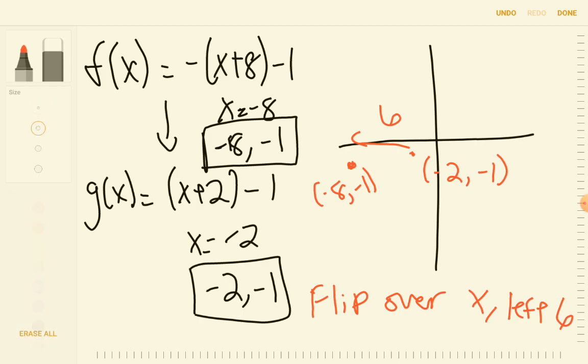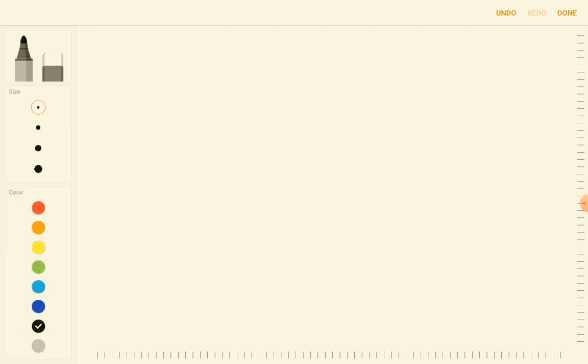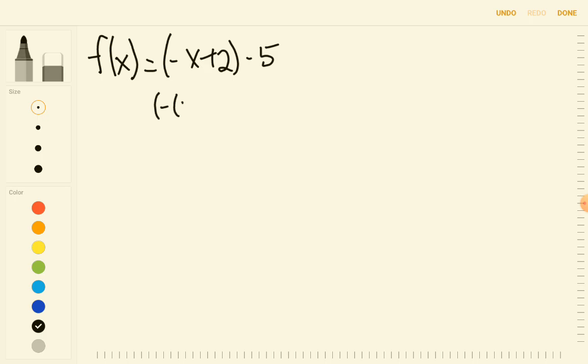Next problem. For our next function, we have f of x equals negative x plus 2 minus 5. And before we write our next function, we're going to factor out the negative, so that would make negative x minus 2 minus 5. And our vertex would be 2, comma, negative 5.